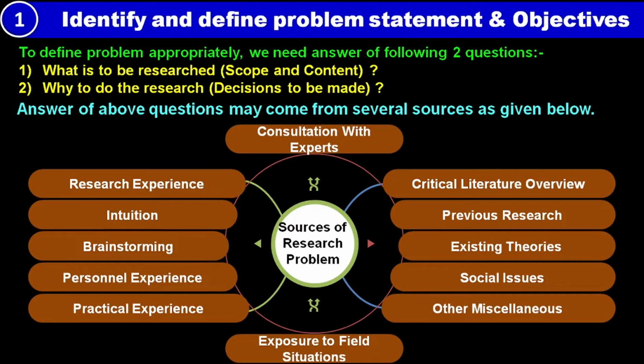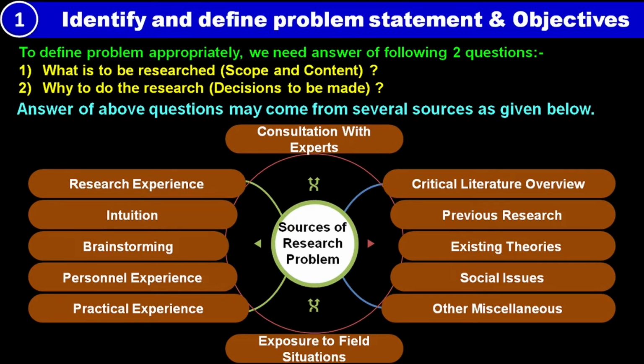What are these sources? Consultation with the experts, research experience of the researcher, if the researcher has previous research experience in that particular field, intuition of the researcher, brainstorming with the people who are expert in that particular field or who have exposure to that problem, personal experience of the researcher, practical experience of the researcher, like the researcher has faced such types of problems in a previous scenario also, then that practical experience while solving the problem can be taken into account.